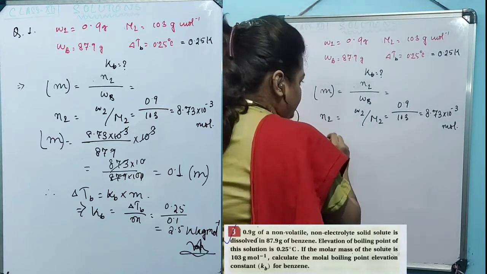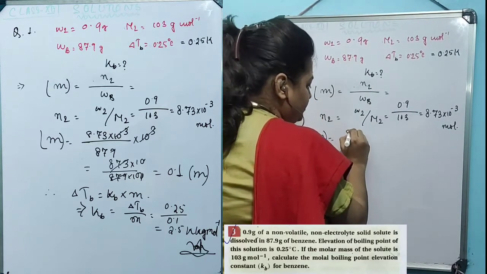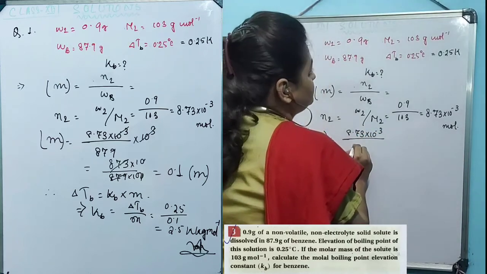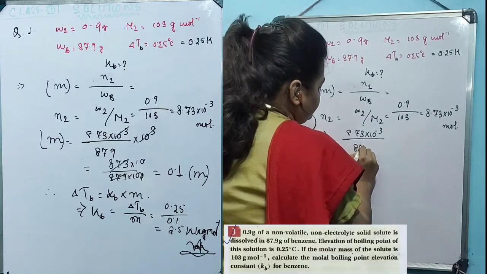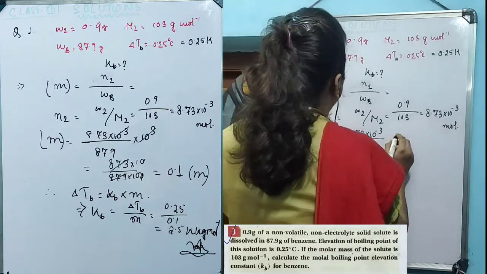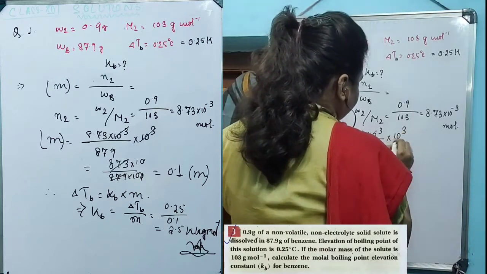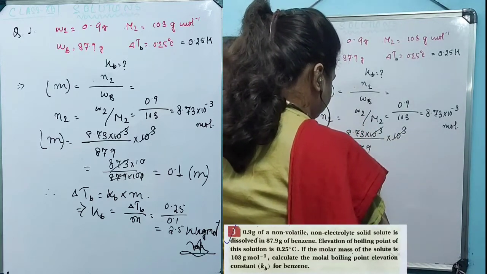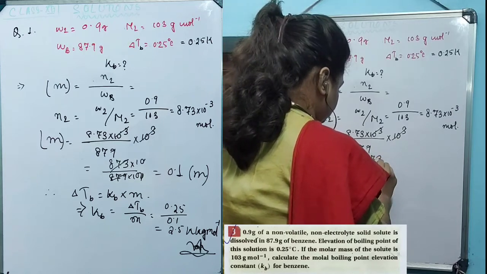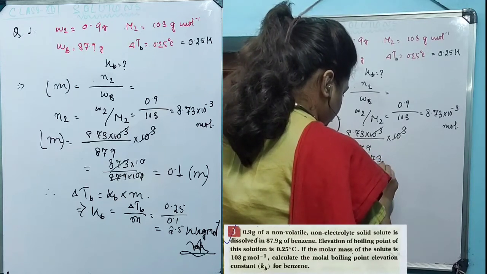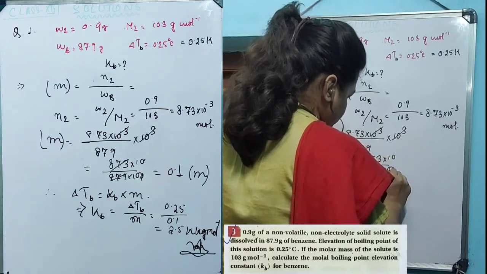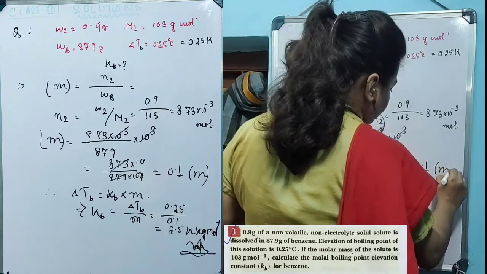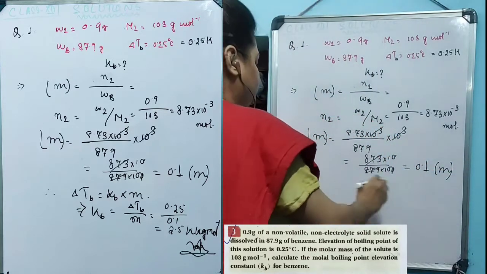Now the molality, capital M, will be 8.73 multiplied by 10 to the power minus 3 by 87.9, multiplied by 10 to the power 3, multiplied by 1000, which gives 0.1 molar. This is the molality of the solution.